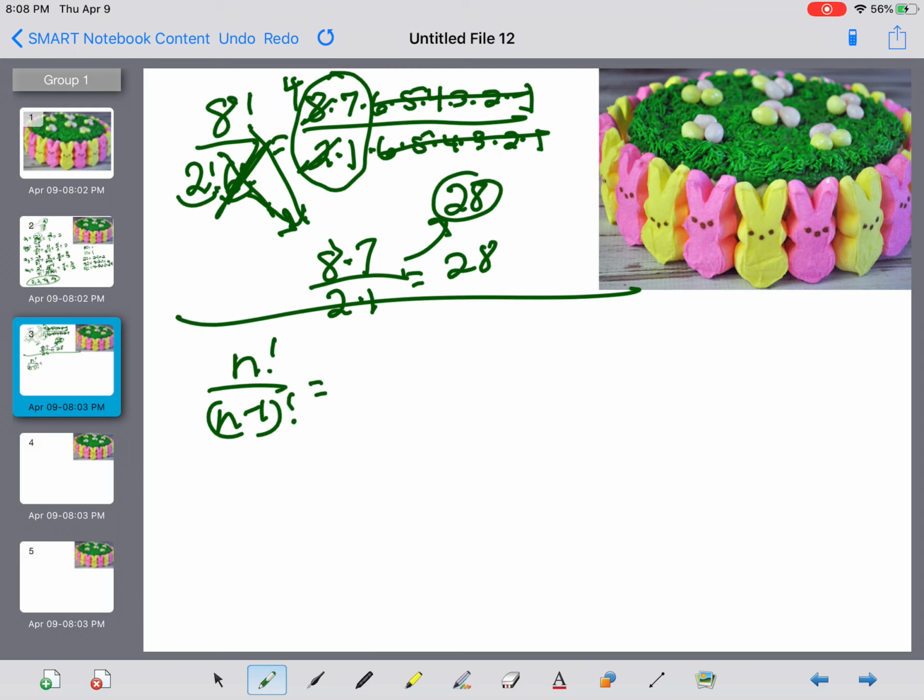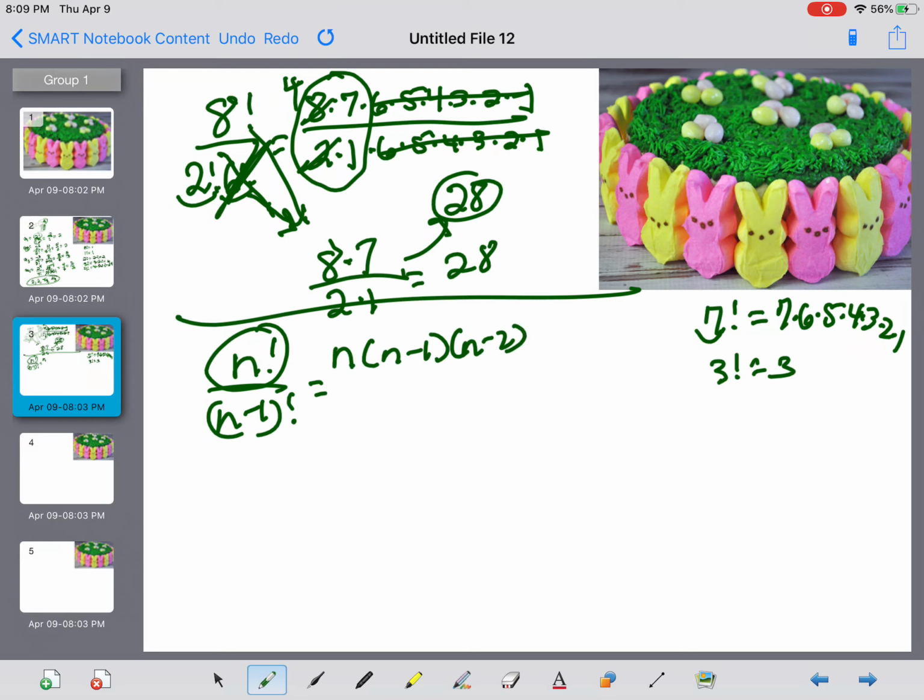All right, next example is n factorial over n minus 1 factorial. It's kind of weird looking. So let's talk about what we would do. If we had 7 factorial, we would say 7, 6, 5, 4, 3, 2, 1. So if we have n factorial, we'll start with n, which would be like 7 or 3 or whatever. Then we have n minus 1, n minus 2, n minus 3, down forever.